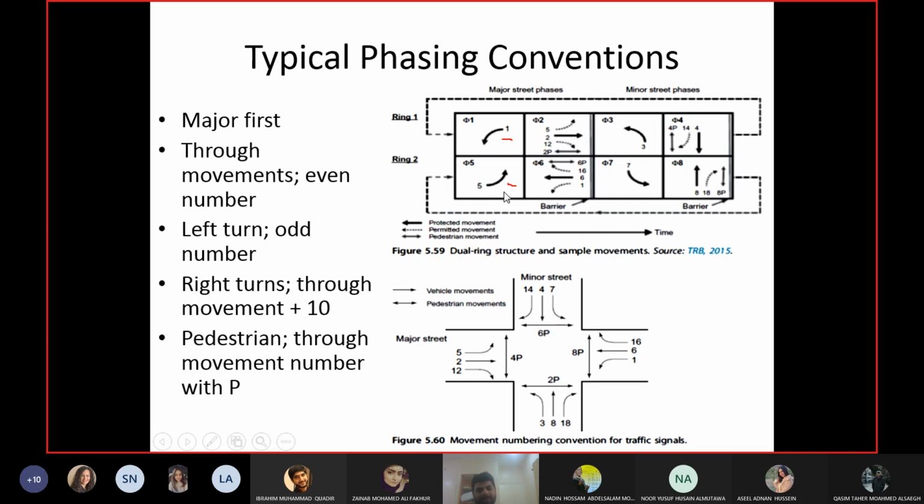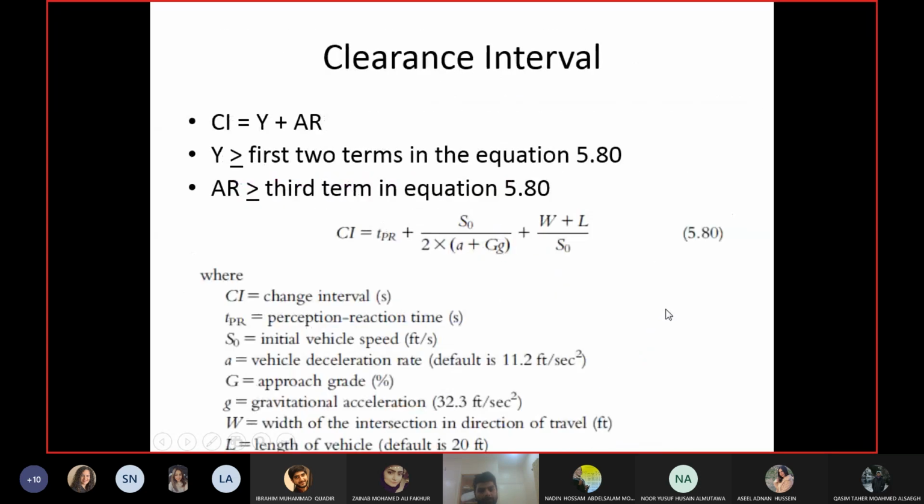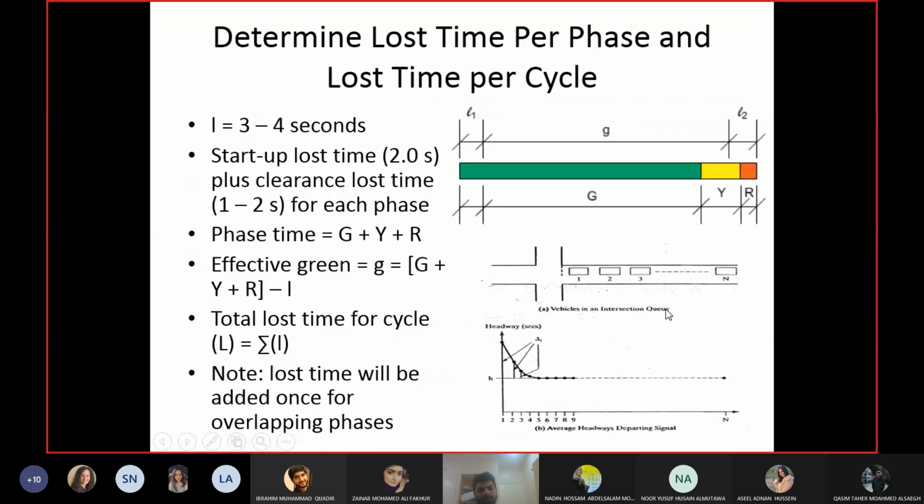If they are different, then I will take the higher one, or whatever is the critical lane group, I will take the lost time for that lane group, and that's it. So for phases which are overlapping, which are happening at the same time, you don't have to add the lost times for all of them. Just take one of them which is more critical and add that.